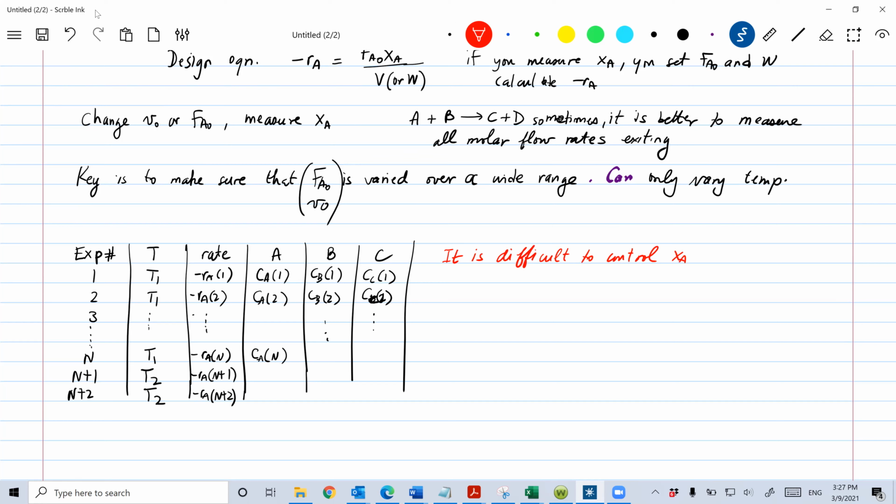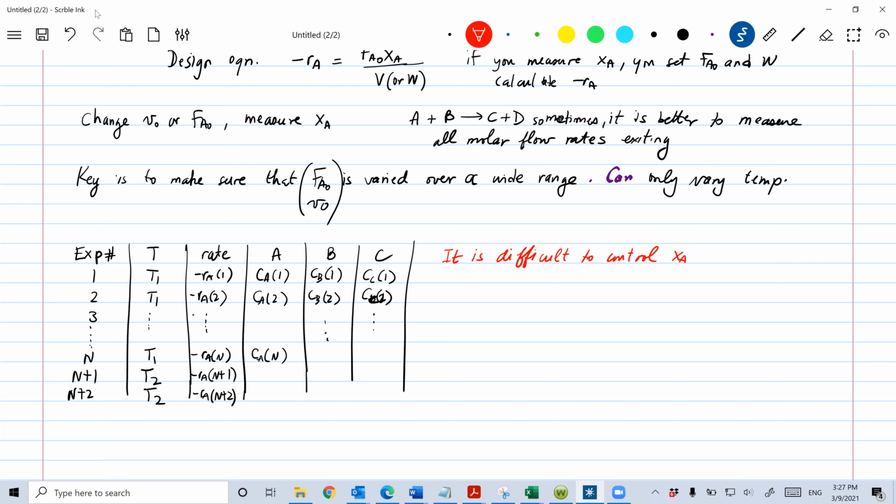And if your measurement is not accurate, or it has variations, let's say your variation is 10 to 15%, then that means you have to have FA naught or CA naught vary over maybe a hundredfold, two orders of magnitude, so that you can tell the difference between first order and 1.5 order.